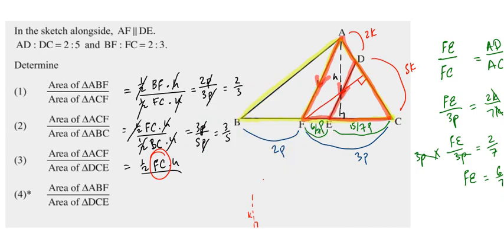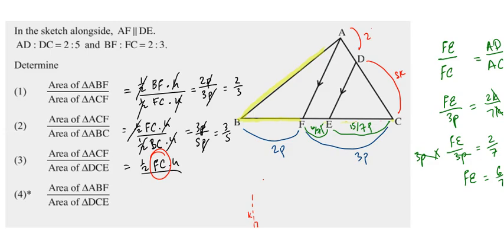Now you can see that, guys, if we're trying to use this method here, we're not gonna win. I think the main reason, let me still put 5k. It was what day we put DC, we said it was 5k, and then AD we said it was 2k. Because we're relating these triangles, which are ACF and DEC, the problem with them is that they don't look like the one that I showed you here.